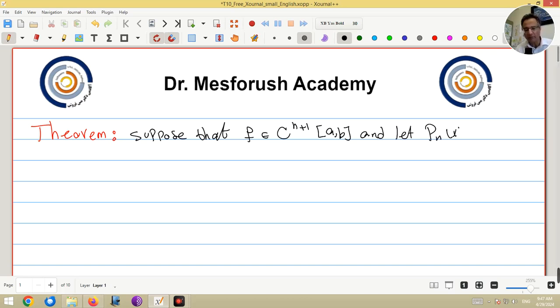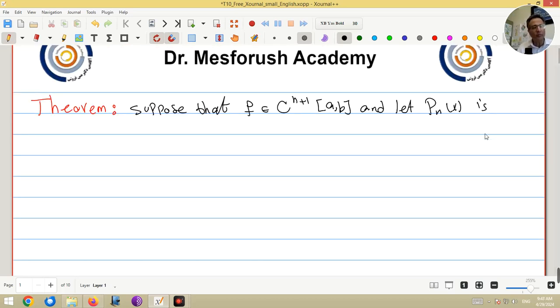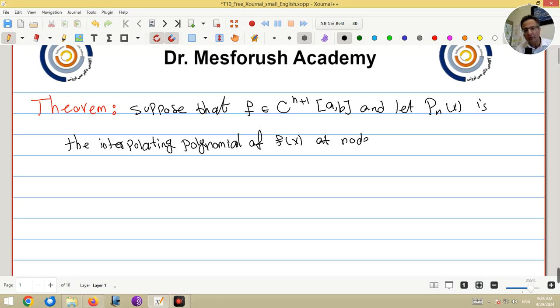Pn of x be the interpolating polynomial of f of x at nodes x0, x1 to xn.